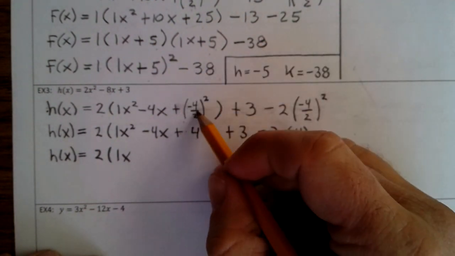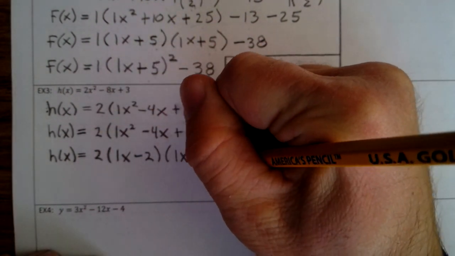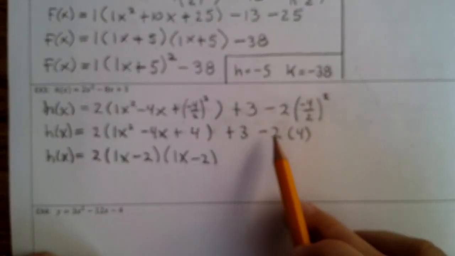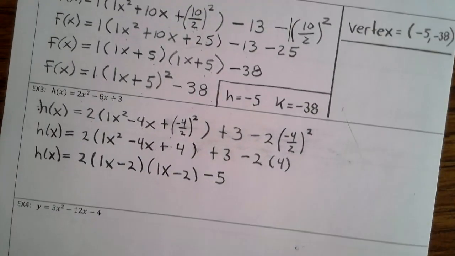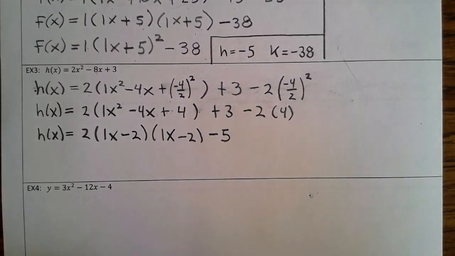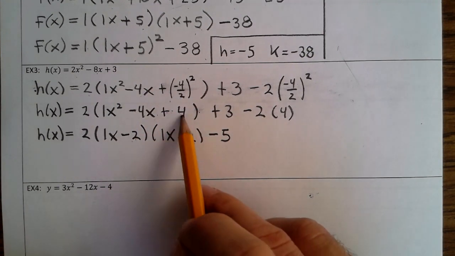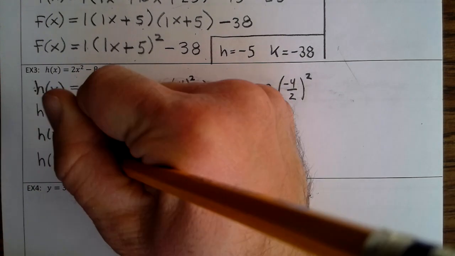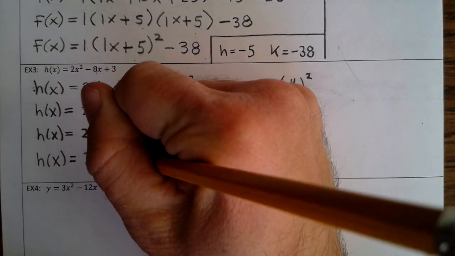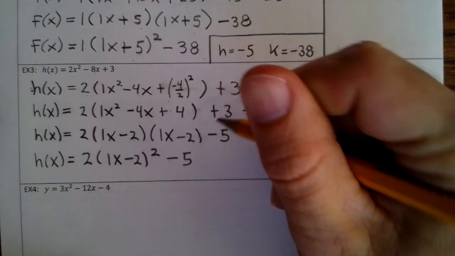We know the factor is minus 2, so 1x minus 2 and 1x minus 2. And then 3 minus 8 is a negative 5. And again, to check, negative 2 and negative 2 combine to be negative 4, and negative 2 times negative 2 is a positive 4. So now we have h of x equals 2, parentheses 1x minus 2 squared minus 5.